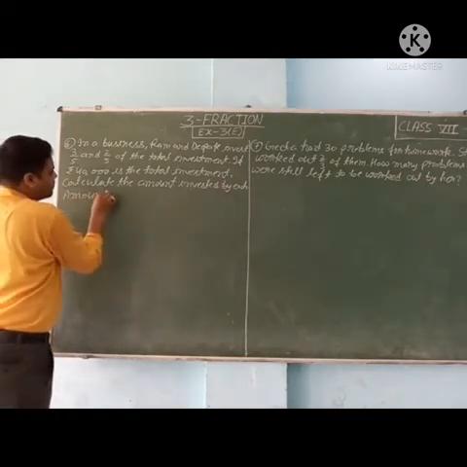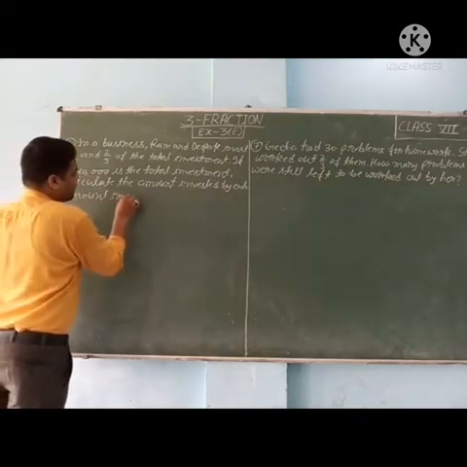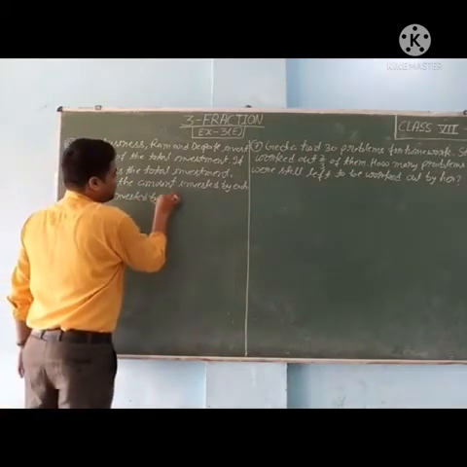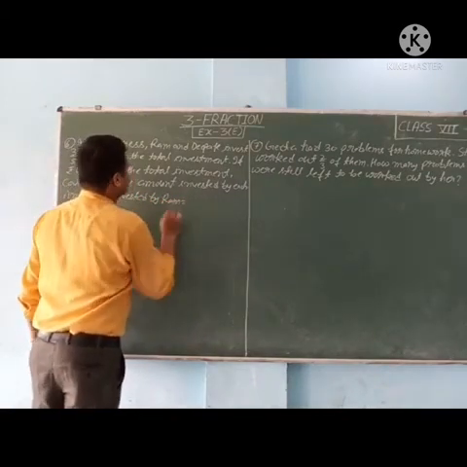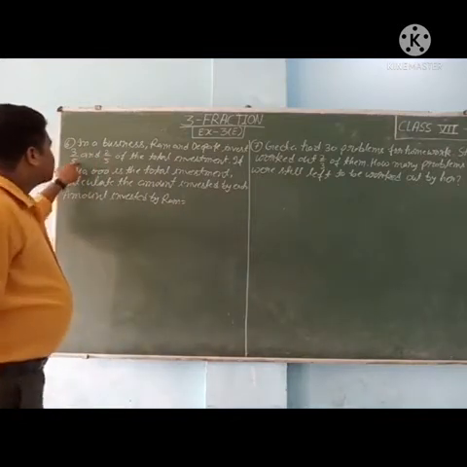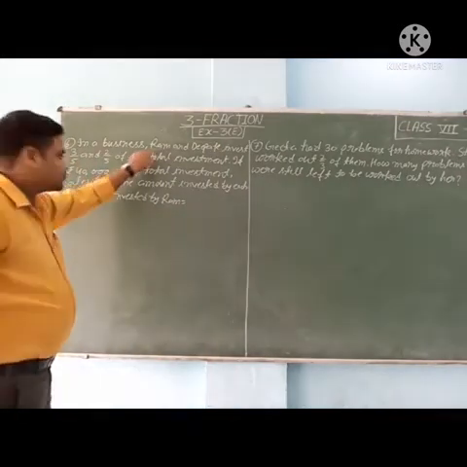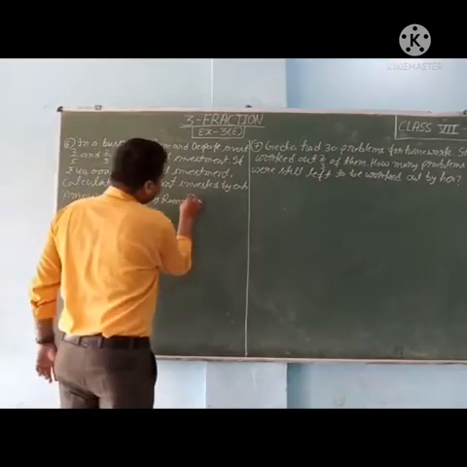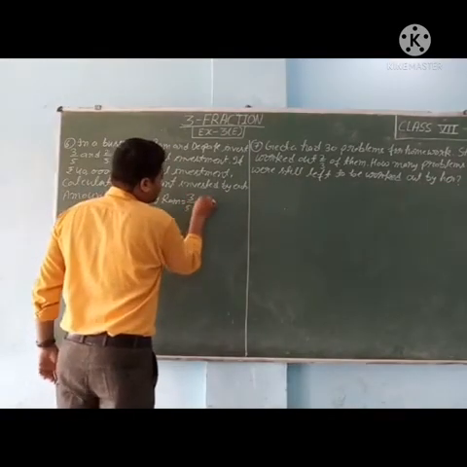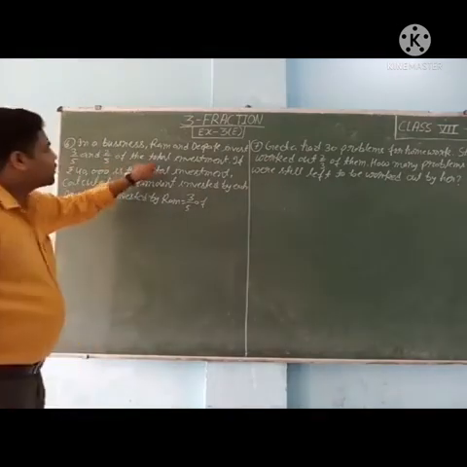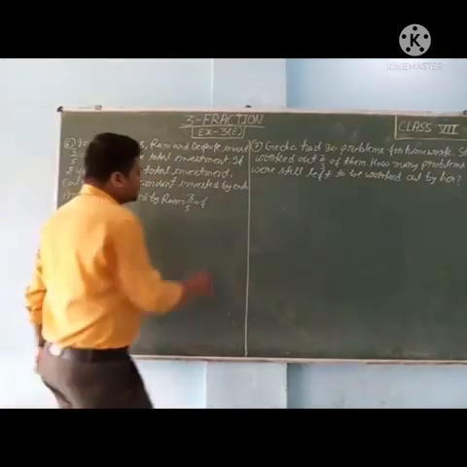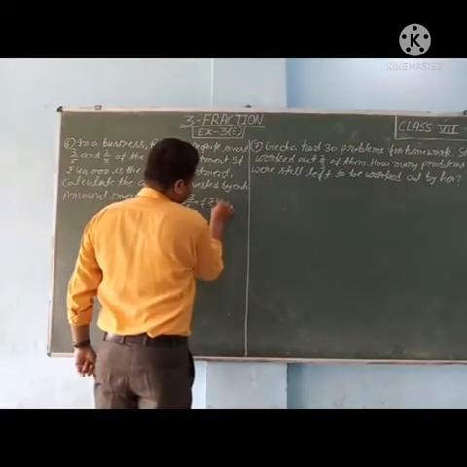Amount invested by Ram is equal to 3/5. Ram's name is coming first, so 3/5 for Ram and 2/5 for Deepak. 3/5 of the total investment, and total investment is rupees 40,000.